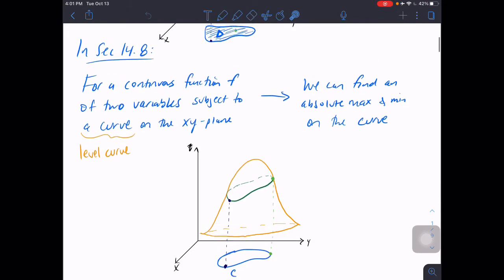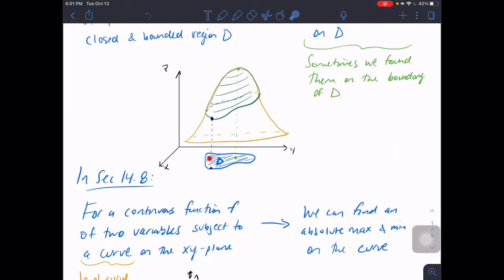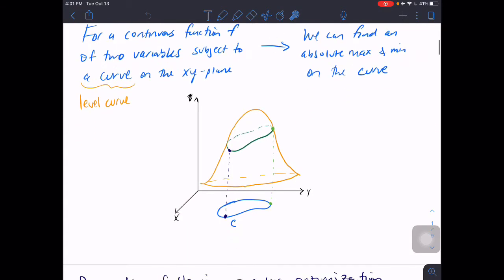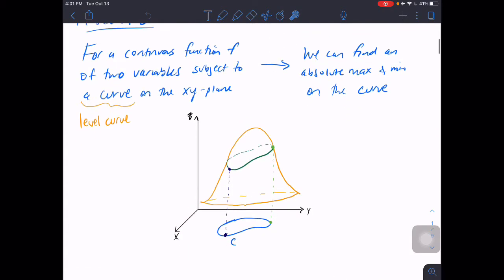So unlike the scenario here, we're not going to consider the inside region of D here. We're only going to care about the boundary of it. Okay, and that boundary may be some kind of closed path like this one, some circular-ish path, or it could just be a straight line.